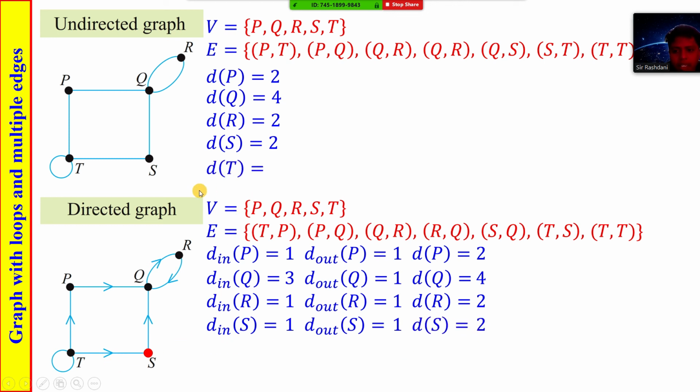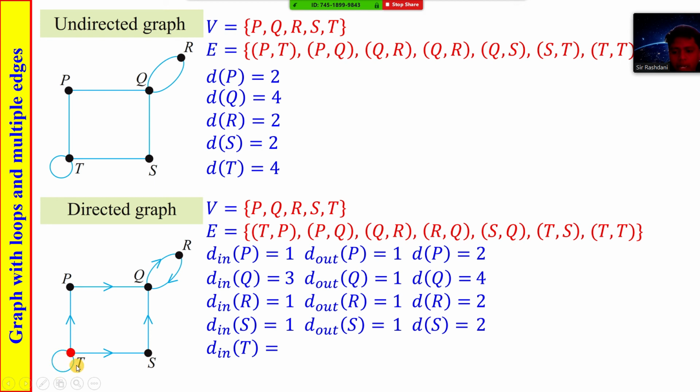So degree of T, we have a loop in here, so we have 4, 1, 2, 3, 4. A loop we count as 2, so 2, 1, 1, so we get 4 in here. And then for the degree in T, we have 1 only, because we have a loop in here.